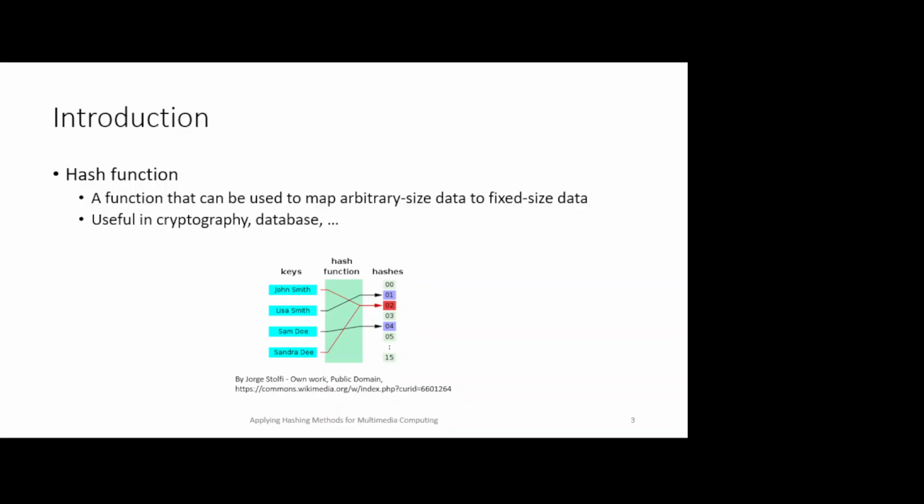But sometimes, because of the design of your hash function, we will cause some collision. For example, John Smith and Sandra D generate the same hash value although they have different names. We call this situation a collision.